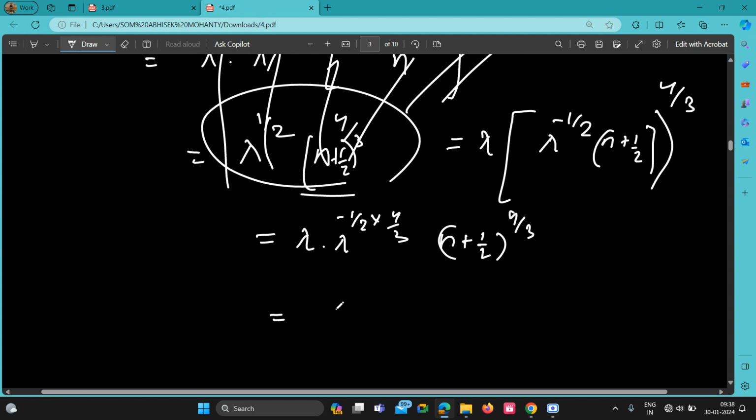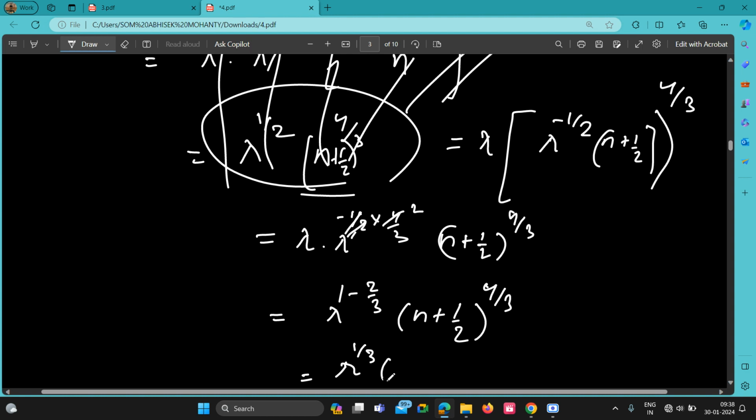So lambda into this, how much? 1 minus 2 by 3, since the half times 4 by 3 gives minus 2 by 3. So lambda to the 1 by 3, n plus half to the 4 by 3. Is that alright? That is the answer for this question.